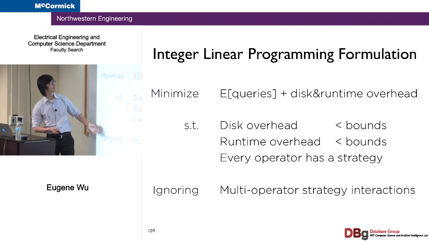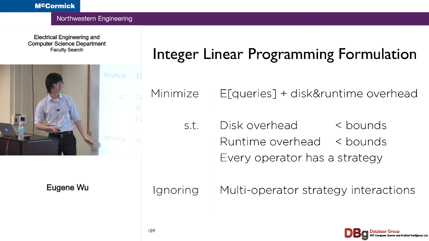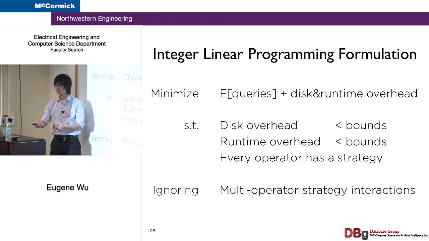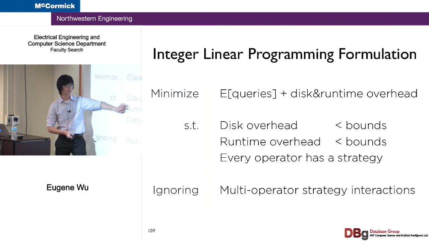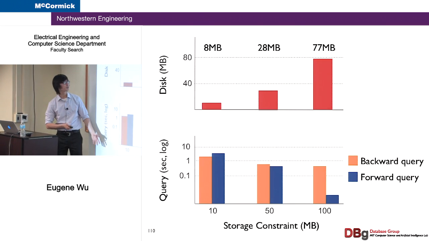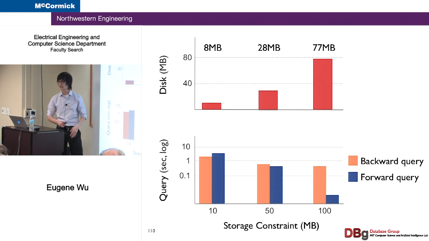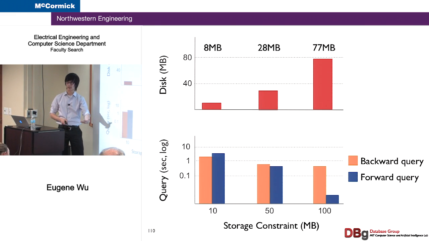And so we just encode this as an integer linear programming formulation. Basically, we're trying to minimize the expected cost of executing lineage queries subject to constraints for the disk and runtime overhead. And this basically is just varying the storage constraint from 10 to 100 megabytes given to the optimizer.